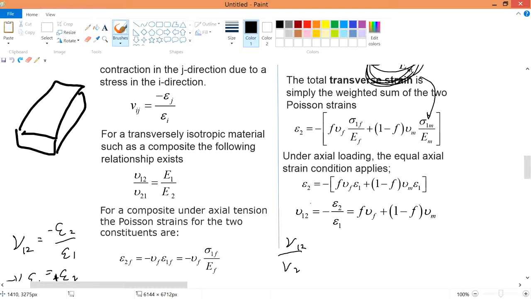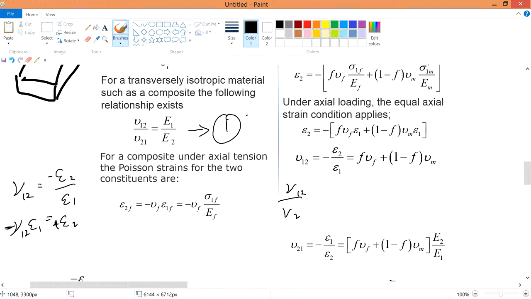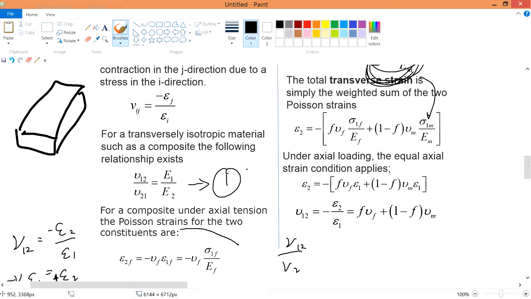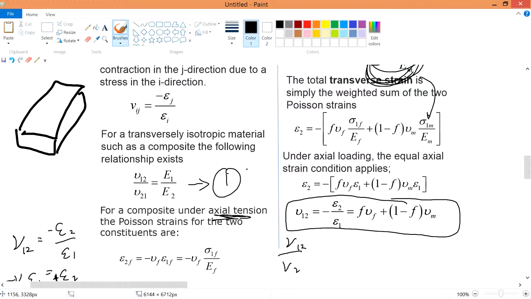So over here, you can say that this is equation 1. Next, they want to derive an equation for the Poisson ratio 12. Why do we do that? Under axial tension, when you're pulling this object, there will be a strain in the negative direction going in here.